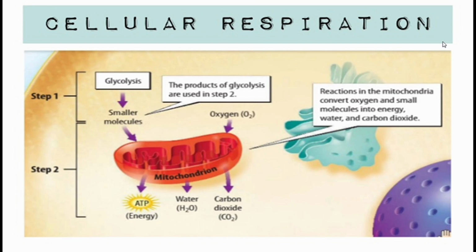The product is ATP, which is the energy used for cellular processes. Another product is water, or H2O, and carbon dioxide. So reactions in the mitochondria convert oxygen and small molecules into energy, water, and carbon dioxide. That's cellular respiration, step 1 and step 2.